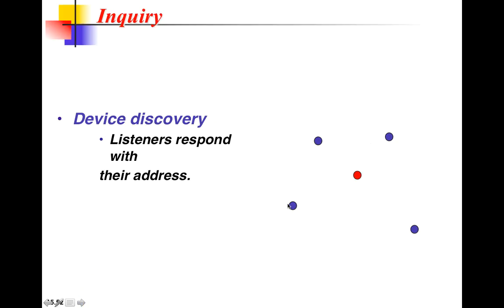Now we have the function. How are these devices communicating with one another? You have different ways. The first phase is the inquiry phase, right? Inquiry phase. In this phase, the primary device is advertising itself to the different devices.